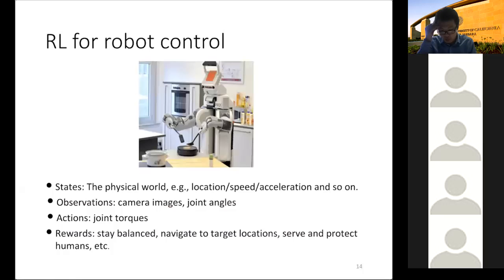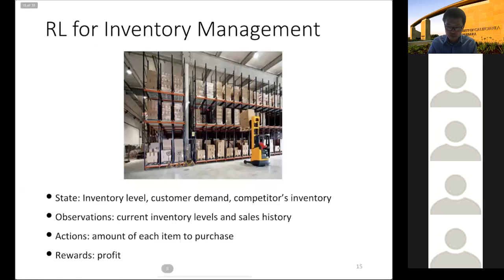It could be whether the robot managed not to damage itself along the way, and whether this robot is able to take this piece of fried egg and serve it on the dining table, right? So these are rewards that we construct and design to guide the actions of this robot.